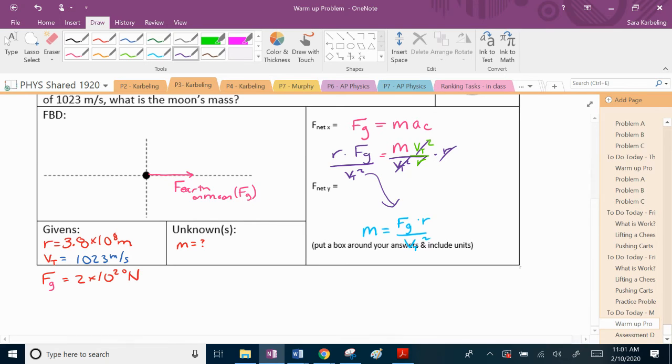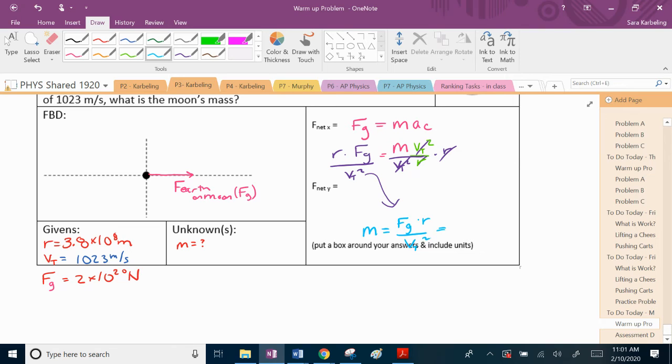Is it a big number or a small number? It's big. Makes sense, right? We're talking about the mass of the moon. It's a large rock. Yes? How big did you get? The value? 2 times 10 to the 20th? Yep.